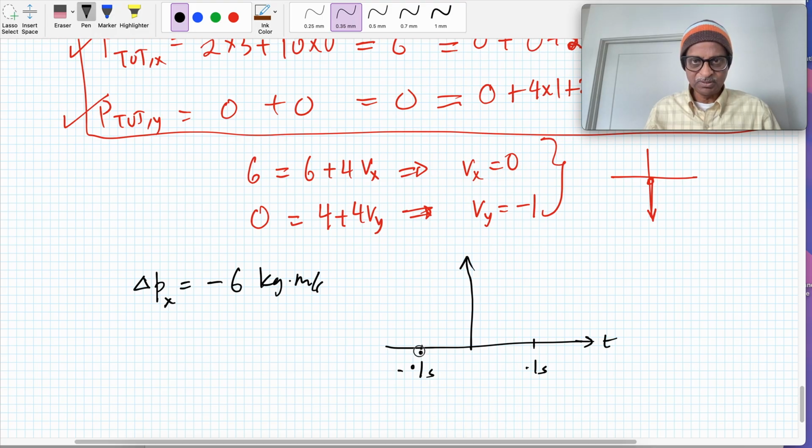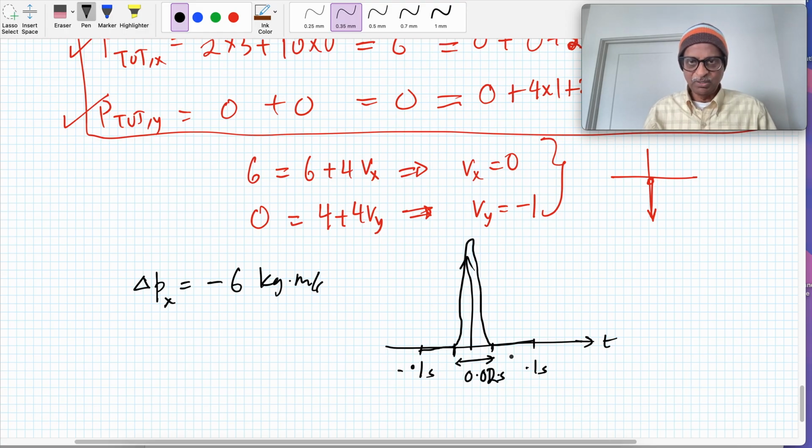Suppose the force was very significant only in this region, and it was significant only in about 0.02 second. It wasn't significant elsewhere, so it went straight up like this. It was more like this. So what would this force be?